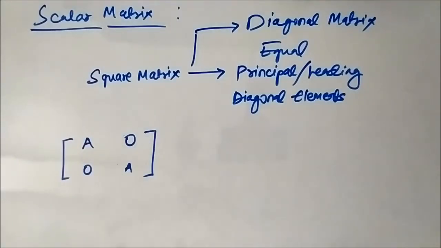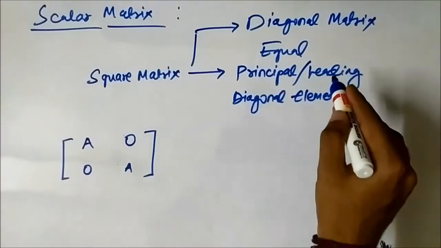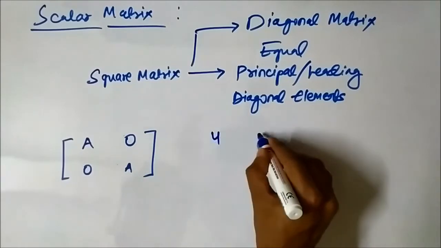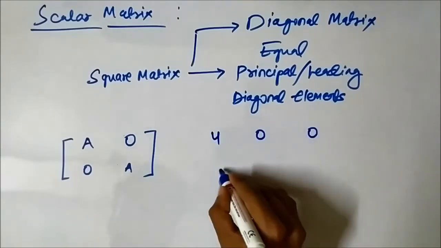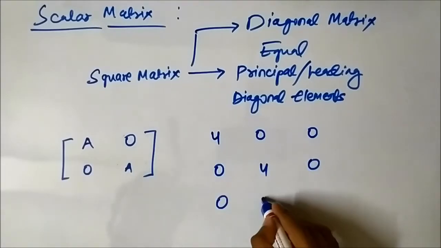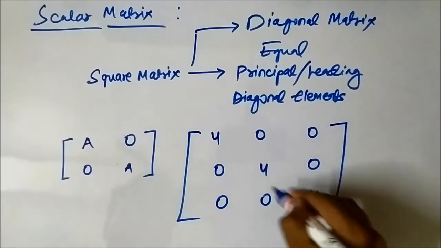So a scalar matrix is a diagonal matrix with equal principal or leading diagonal elements. Another example, let's say 4 0 0, 0 4 0, 0 0 4. This is also a scalar matrix.